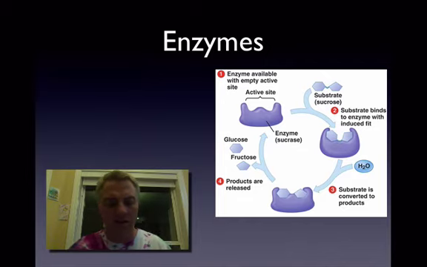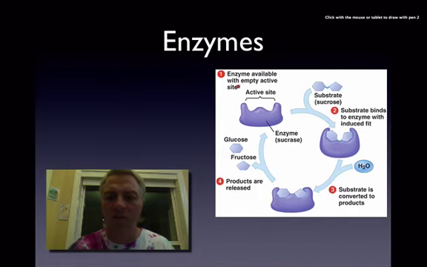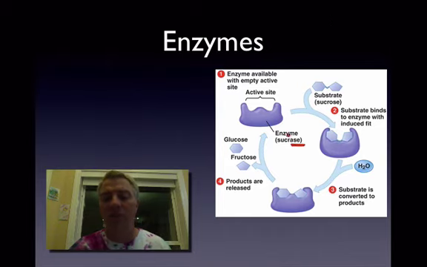This is a typical enzyme. You start with the enzyme available with an empty active site. So this is the active site. This particular enzyme is what we would call sucrase. Just like we talked about how sugars all end in -ose, enzymes usually end in -ase. That's a characteristic of enzymes, and you'll notice that throughout the year.